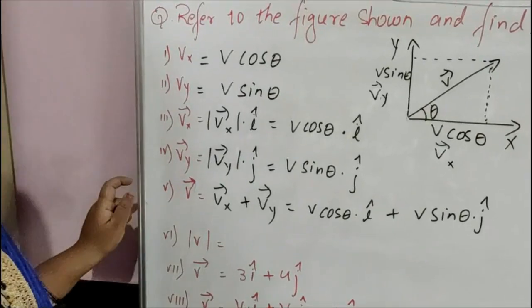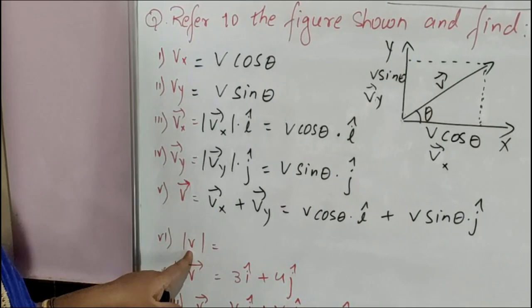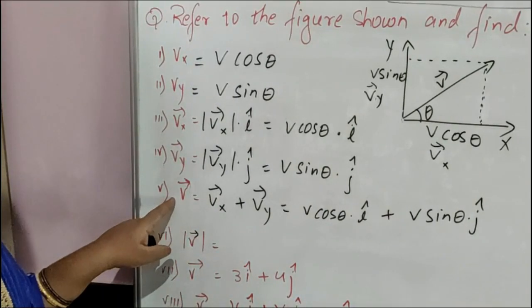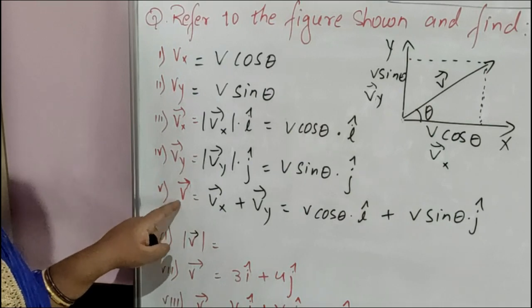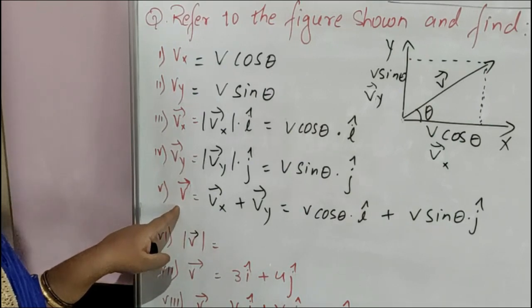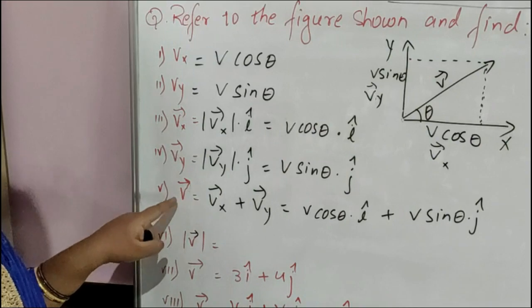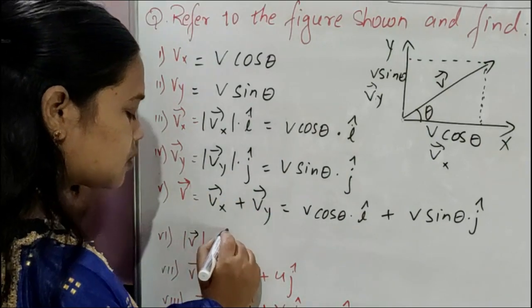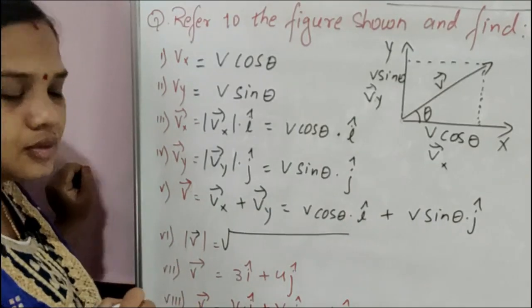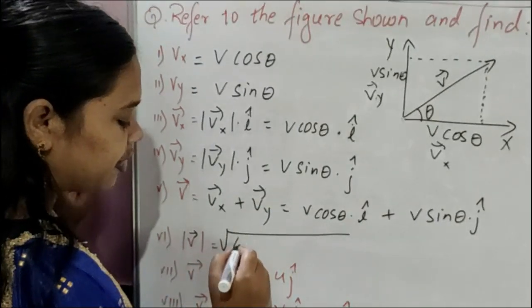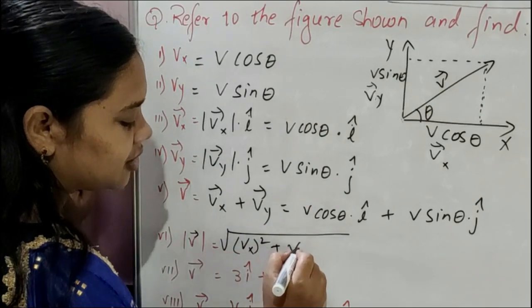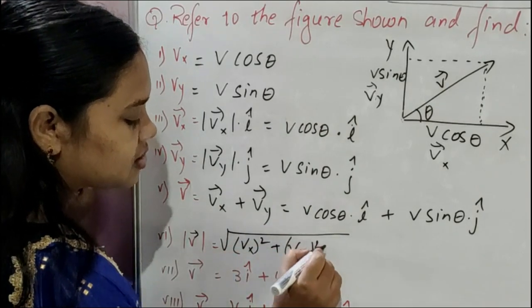Next, mode of vector V. This is vector V. Its mode means its magnitude, and you have to find its magnitude. How? Whole square root of Vx square plus Vy square.